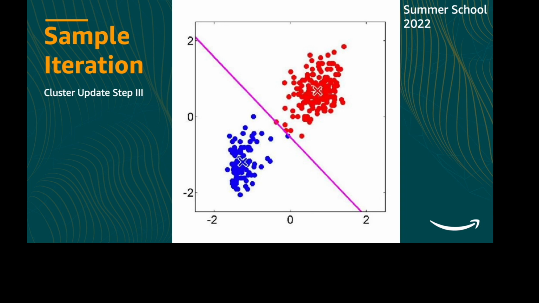So this is the final step, and after this we won't perform any step and we can halt the algorithm. So this is how k-means works.